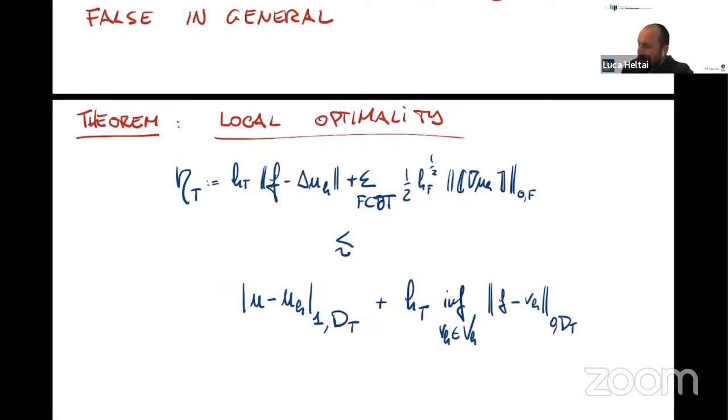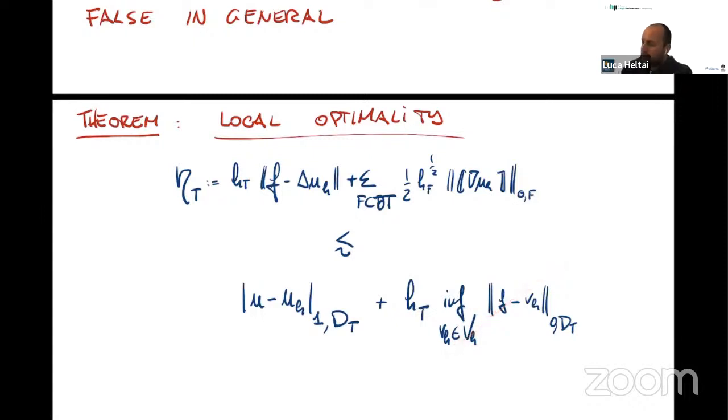So what I'm saying is that if you look at the local error estimator, it is not controlled by the error just on T, but it's controlled by the error on something which is surrounding T, plus a higher order perturbation on the forcing term that you have. So if this term is equal to 0 for some reason, for example, because the forcing term lives in the space V_H, it's a piecewise polynomial in the space V_H, then this term is not here.